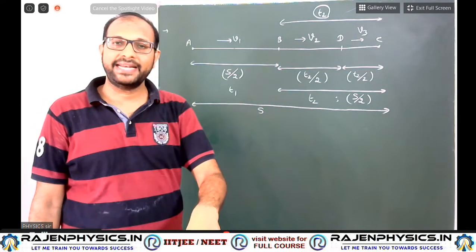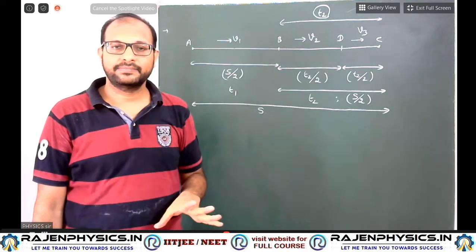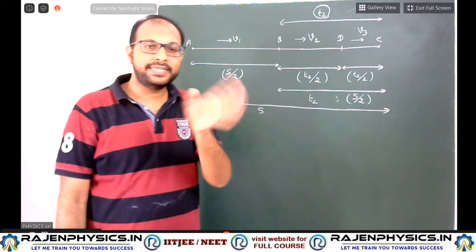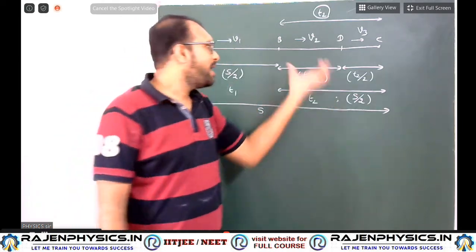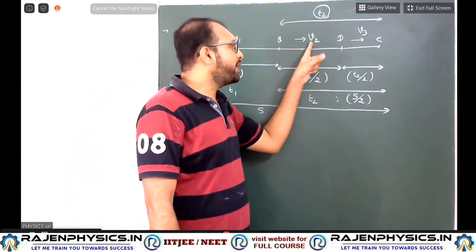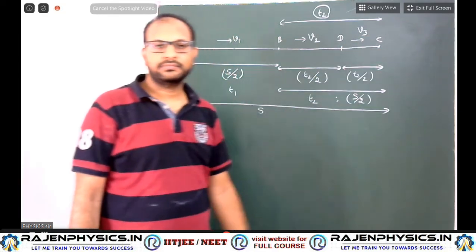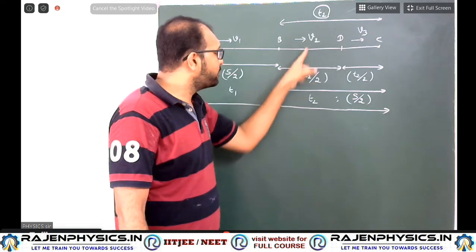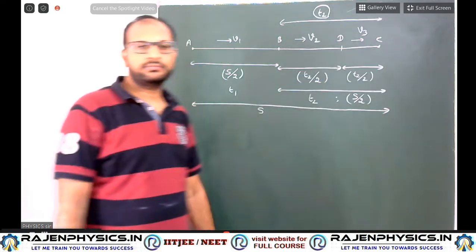But in that remaining portion, half the time is with V2 and the remaining half with V3. The total time is T2, so T2 by 2 with V2 and T2 by 2 with V3.